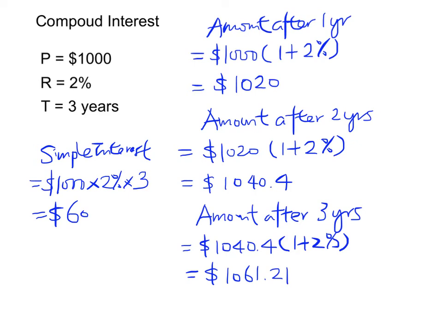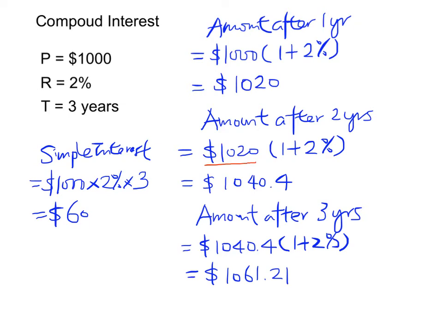And finally, we have one more thing to note. It seems that these steps are a bit complicated, and it's too long. Actually, we can summarize this with just one formula. As you can see, when we calculate the amount after 2 years, we use the amount after 1 year as the principal.